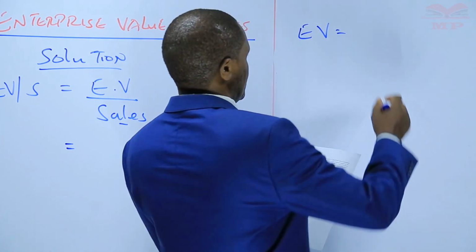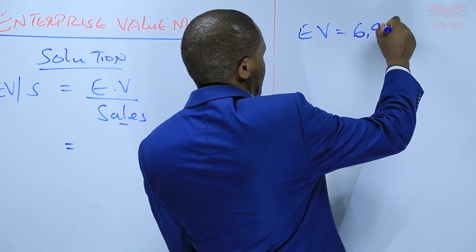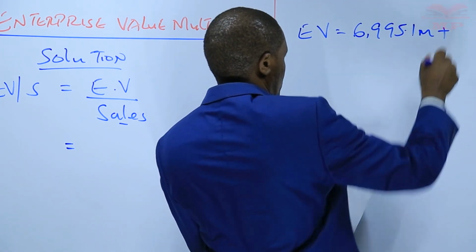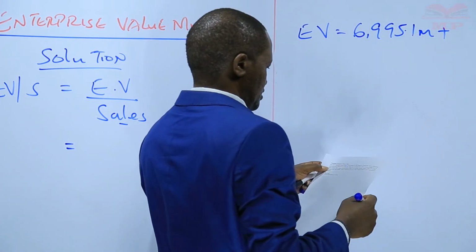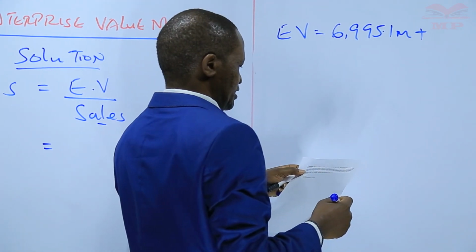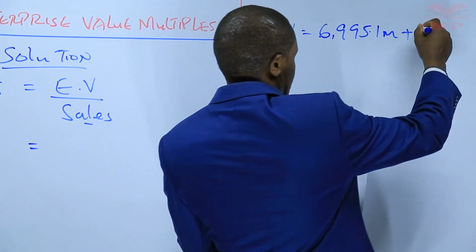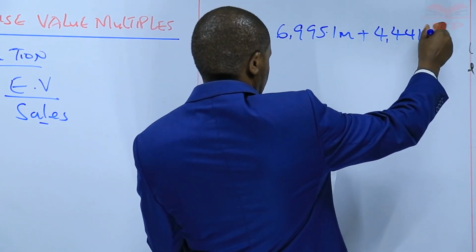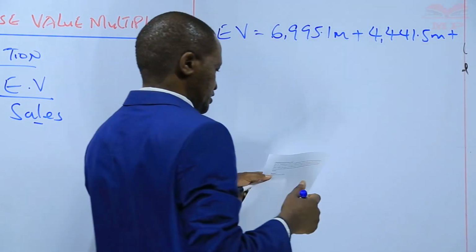So we have 6,995.1 million. We add the company's reported debt, which is 4,441.5 million.